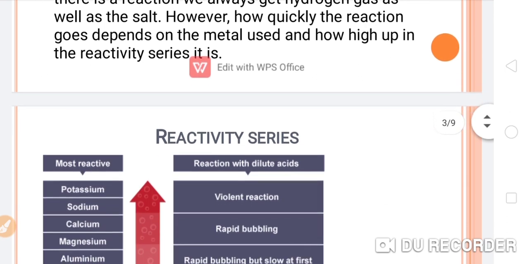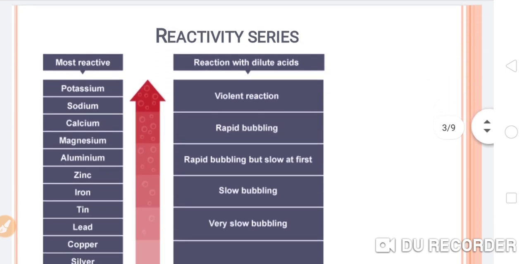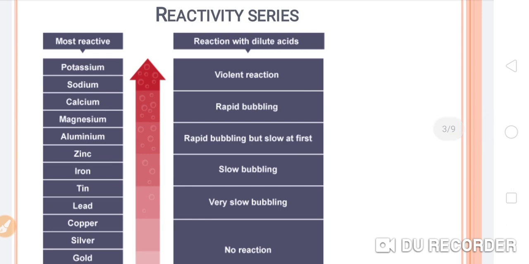Okay, let's see. Here I have mentioned the reactivity series. So let's see, when potassium and sodium react with acid, this reaction will be very violent, meaning the rate of reaction will be very fast. And when calcium and magnesium react with acids, there will be rapid bubbling.